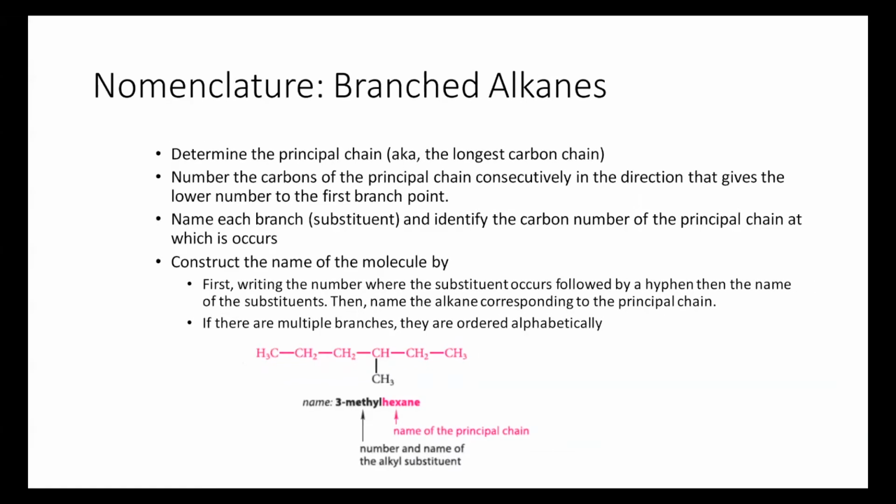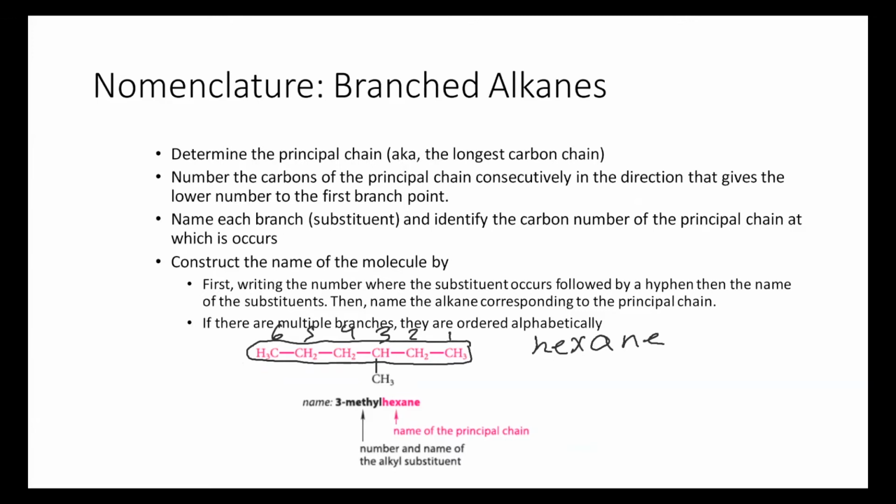Now we can name the rest of the principal chain. This is kind of like naming the unbranched alkanes. We can just focus on the principal chain right here. Again, we number it 1, 2, 3, 4, 5, 6 carbons. So this is just hexane, for 6 carbons. It's okay if you haven't memorized that yet.